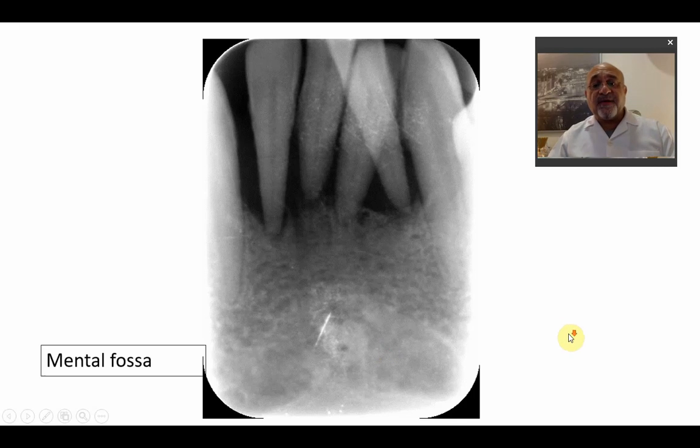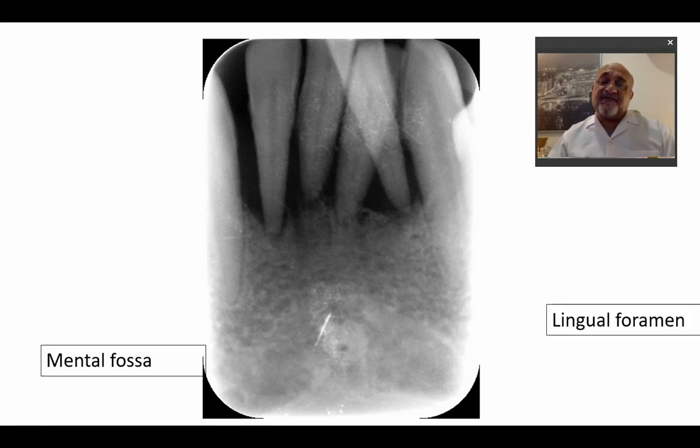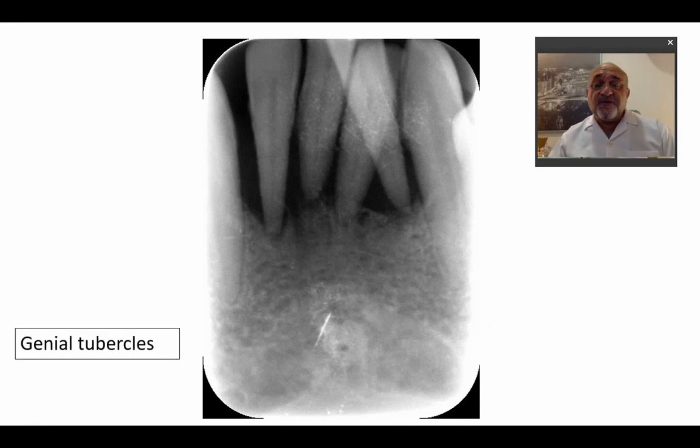Those two radiopacities are the genial tubercles, and the mental fossa is also seen in this radiograph. And the lingual foramen, as you can see it here, we call it foramen here because it's more of a proper foramen.